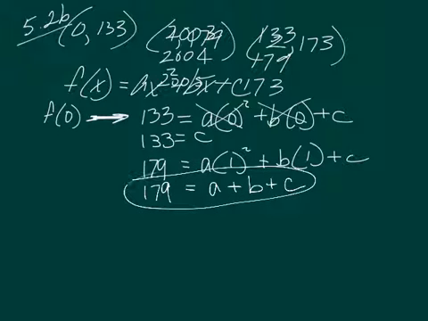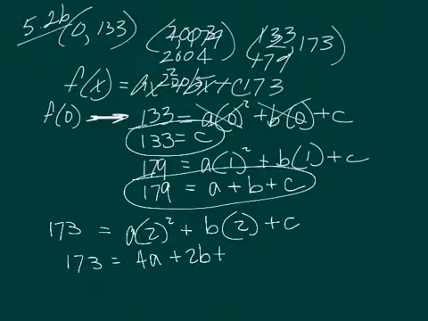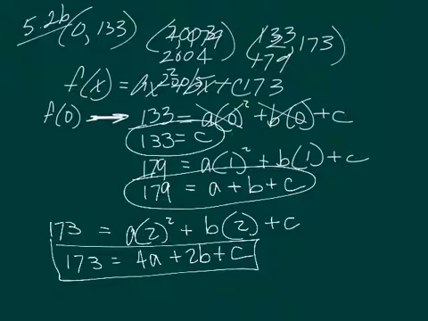So there's an equation. And then when I plug a 2 in, I'm going to get a times 2 squared plus b times 2 plus c, and that will equal 173. So 173 equals 4a plus 2b plus c. Okay, so I have 3 different equations there.